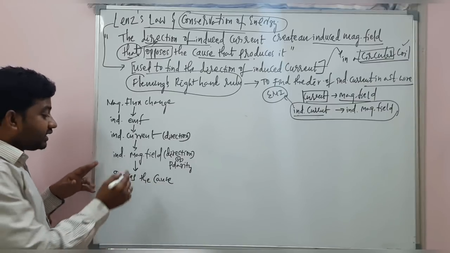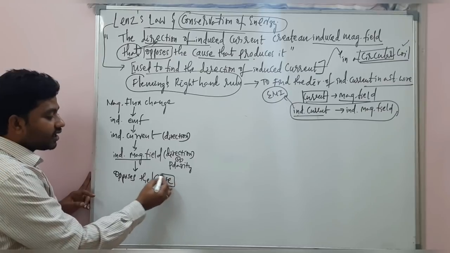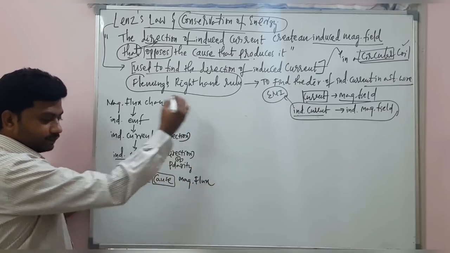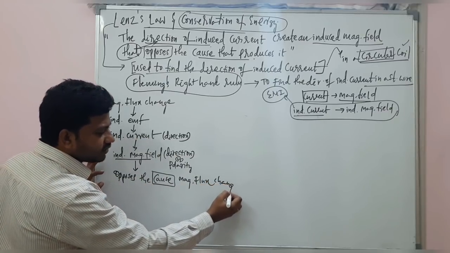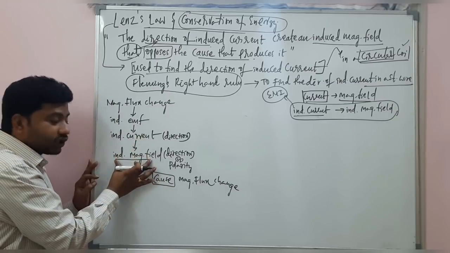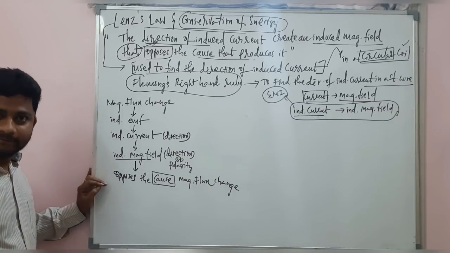What is the cause for the production of the induced magnetic field? Can I say this cause is a magnetic flux change? Tell me. Yes, the cause for the production of induced current or induced magnetic field is the magnetic flux change.